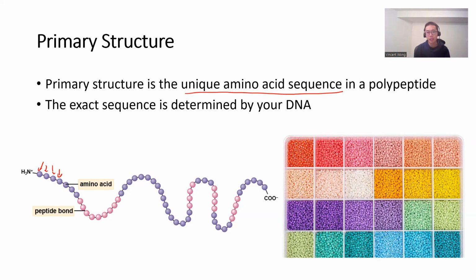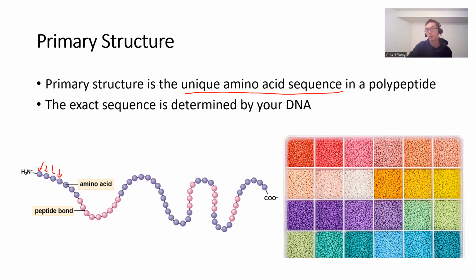You have 20 different color beads, and you join them together. If you read the color sequence from one side to the other, that's like the primary structure. That sequence is determined by your DNA. It turns out your DNA contains the instruction to make these proteins. It will tell your body exactly which amino acids to connect together. So that's the primary structure.